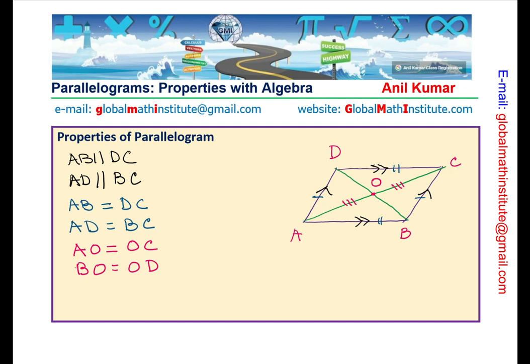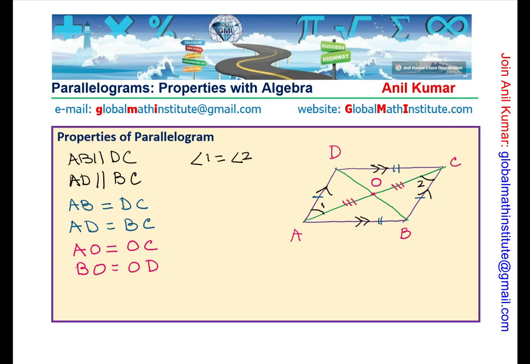So as far as sides are concerned, we have given you so many properties. Now let's look into angles. Perfect. So if this is angle 1, it will be congruent to angle 2. So we can say angle 1 equals angle 2. Why is it so? Well, you can see that there are parallel lines and this becomes a transversal line, right?